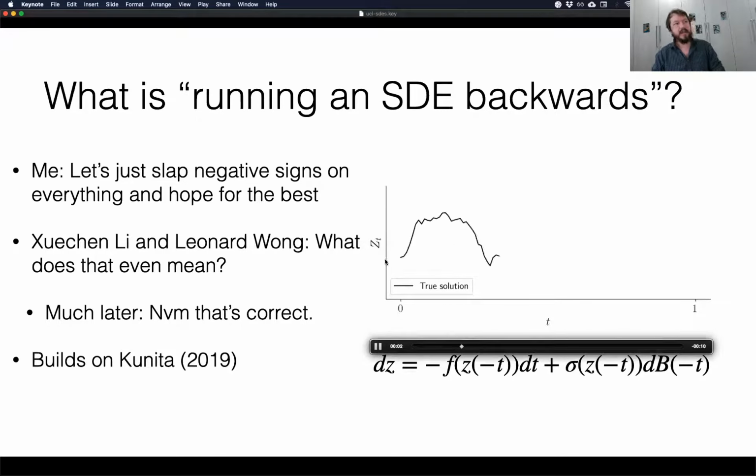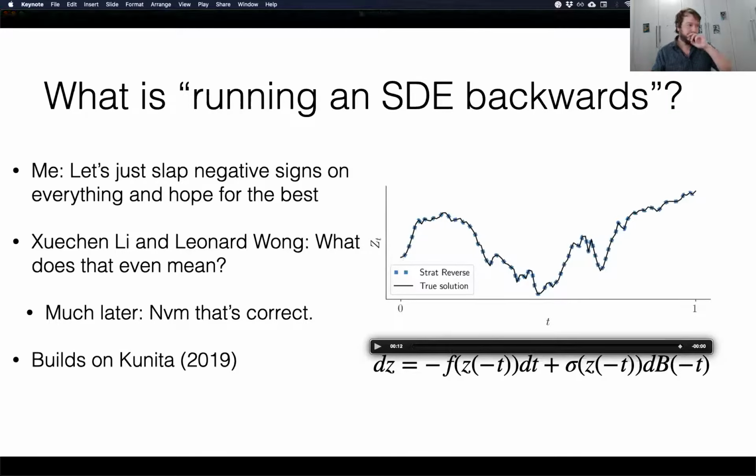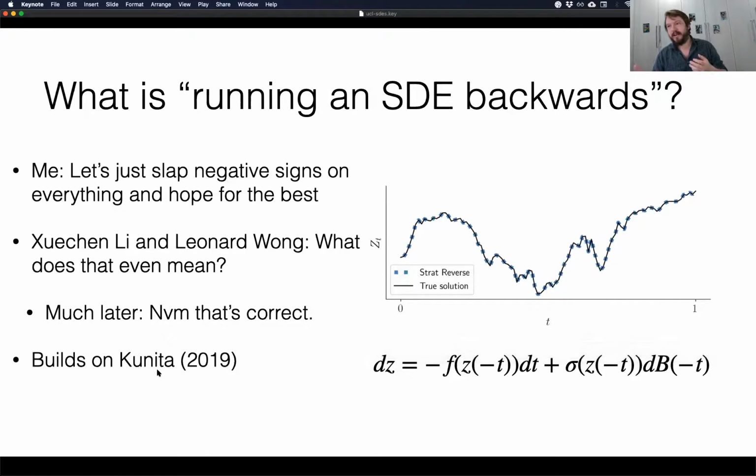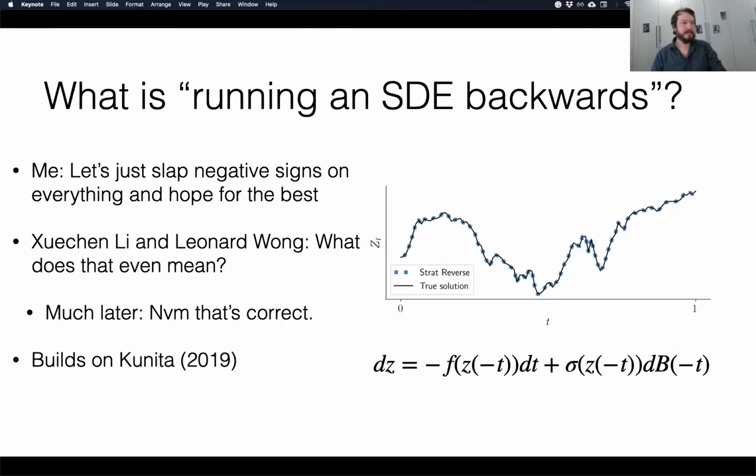So what I mean is, for a fixed Brownian motion, if I fix the randomness and I integrate forward in time, then I can construct this reverse SDE and it will reconstruct the same path if I integrate that backwards in time. And it turns out that one of the original SDE guys had been talking about similar things informally, and so we built on his work and made it into a complete package.